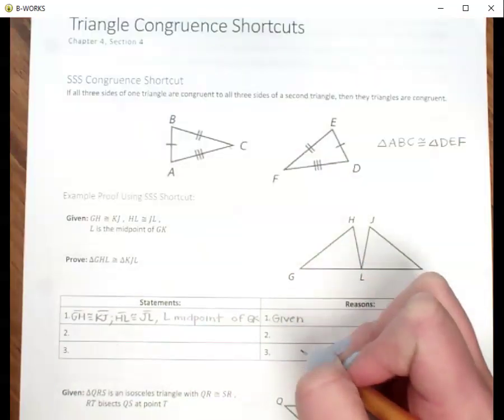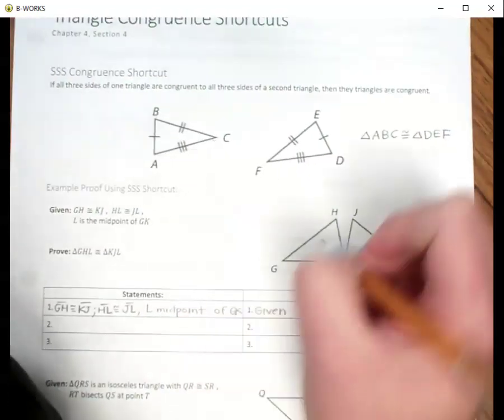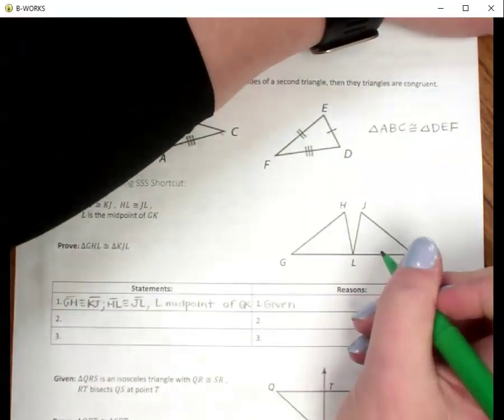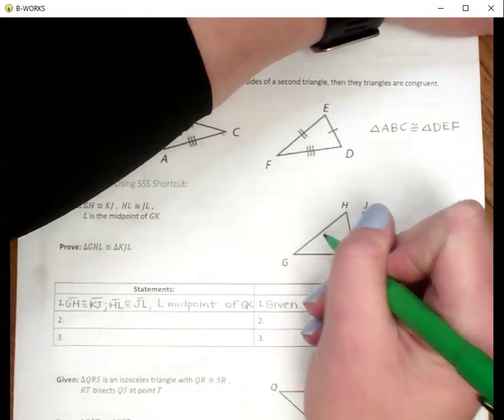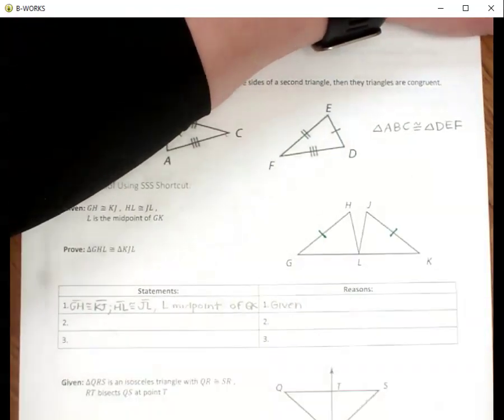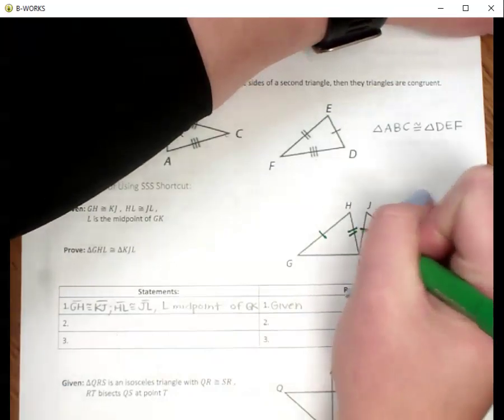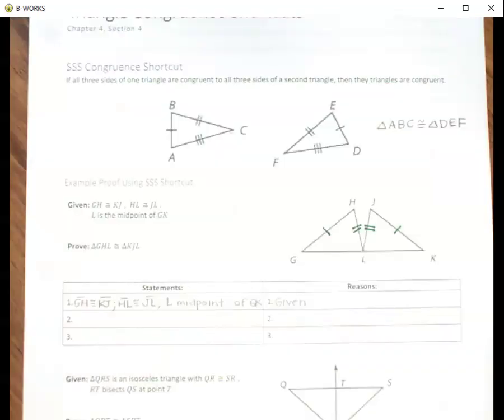That information is given to us, and I'm going to mark it on my picture. GH congruent to KJ, I'm going to mark in green because that information was given. HL is congruent to JL, that information was also given. And if you've got those colorful pens, that's going to be super helpful moving forward.